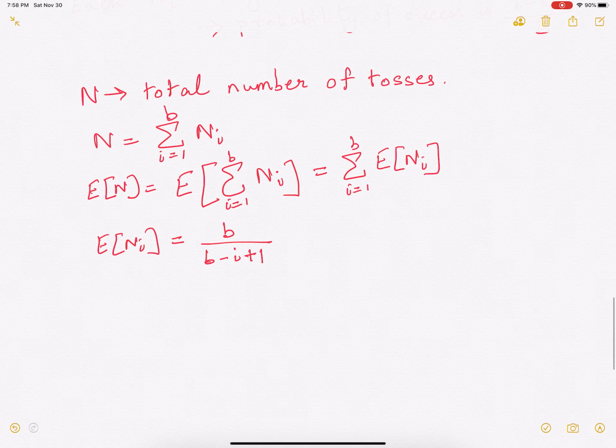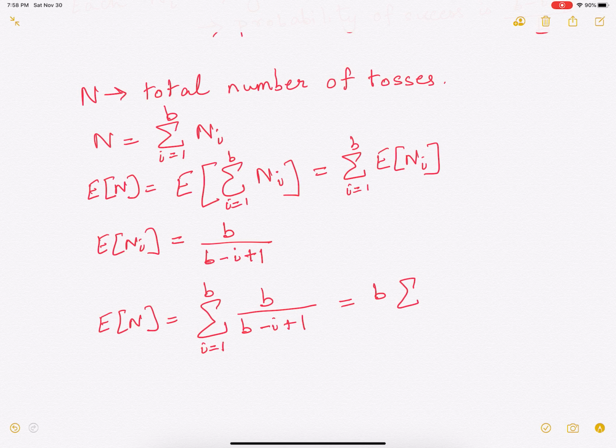Okay. Therefore, we have expectation of n coming out to be the summation of i running from 1 to b of b divided by b minus i plus 1. Okay. So what we can do here is, b is a constant, so it can come out of this summation. So we have b times the summation of 1 by b minus i plus 1. Okay. Now i is going to run from 1 to b.